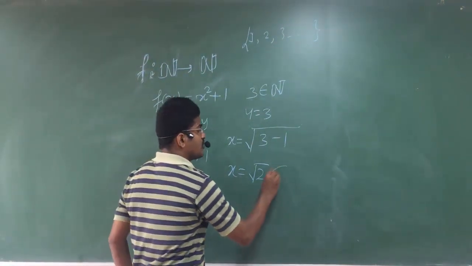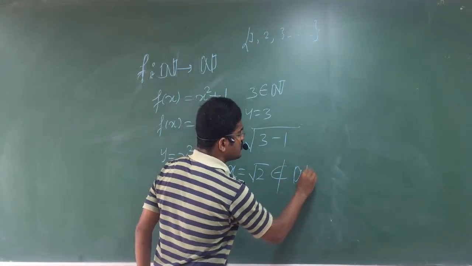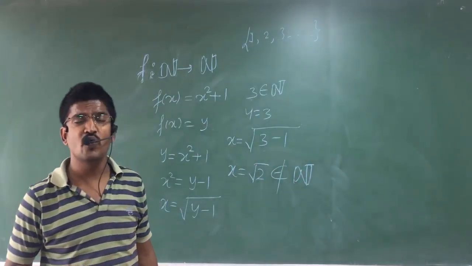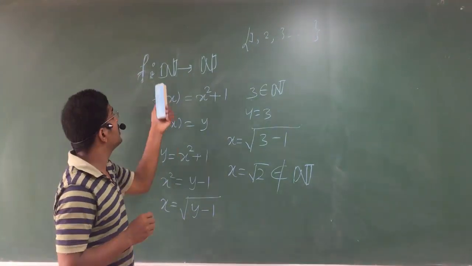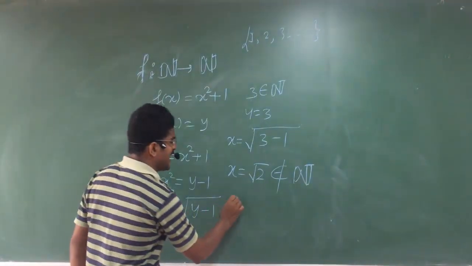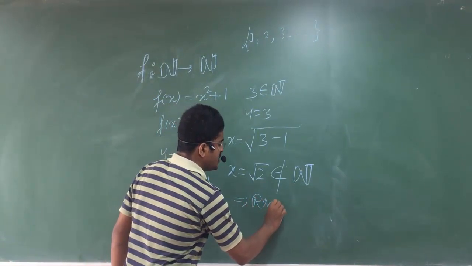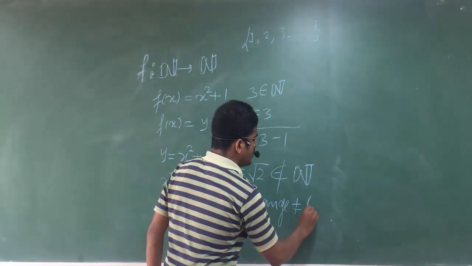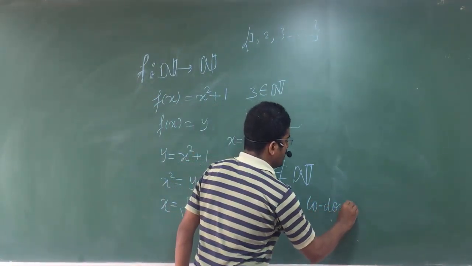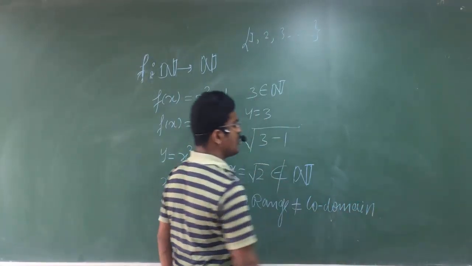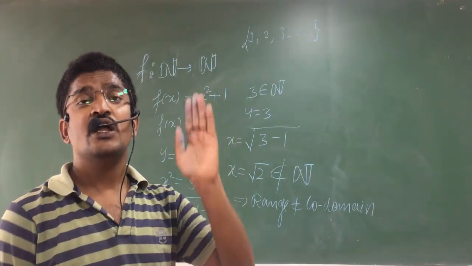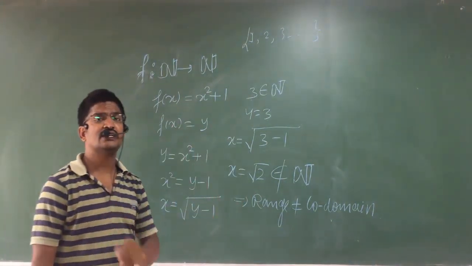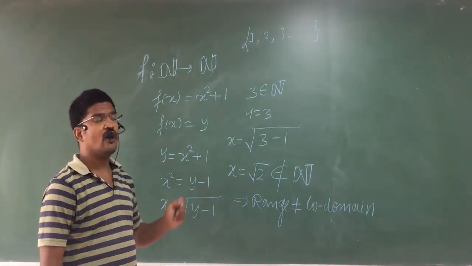I know that root 2 doesn't belong to the natural number set in the domain. Therefore, range is not equal to codomain, hence it is not onto.